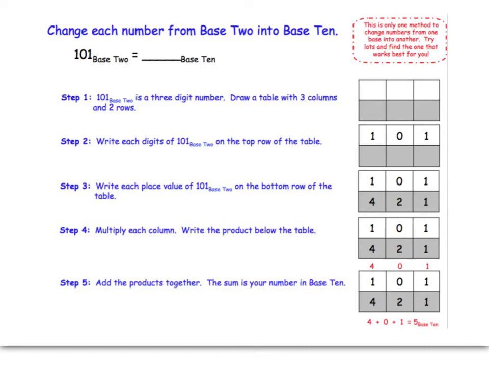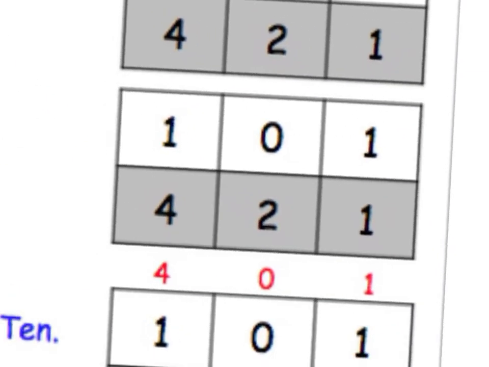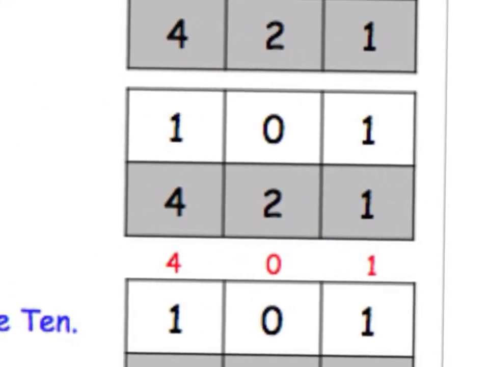Let's zoom in and talk about what's really going on here. We are going to take our digit in our base 2 number and multiply it by its place value. So 1 times 1 is going to equal a value of 1. Let's go to the second place value.